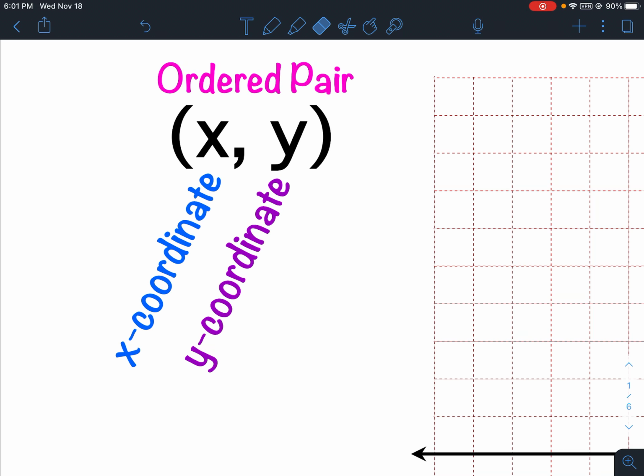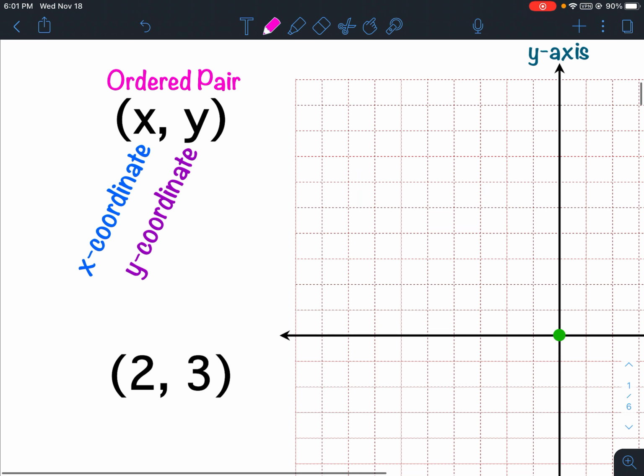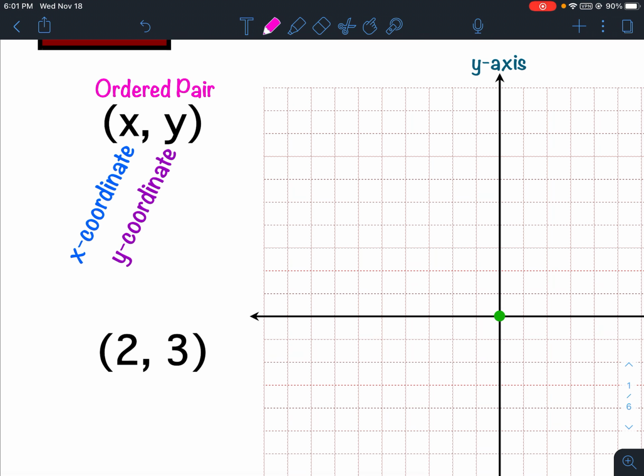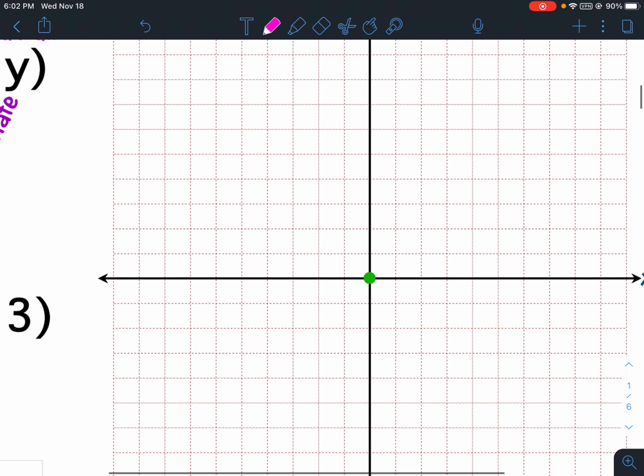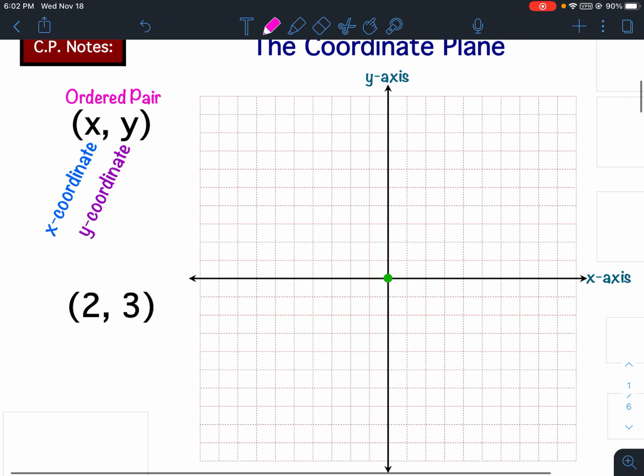Pause your video, get that written down. Okay, so the x-coordinate tells you to move left or right, and the y-coordinate tells you to move up and down. And the way to remember this is the x-coordinate is very similar to the number line.